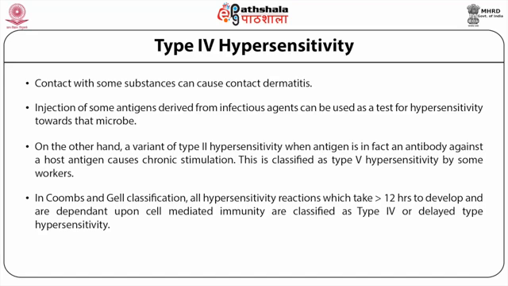Type 4 sensitivity cannot be transferred by serum but by T cells. T cells involved are sensitized T cells, that is, they had encountered the specific antigen, which in this context is called allergen, before and this time recruits other cells to the site of the reaction.